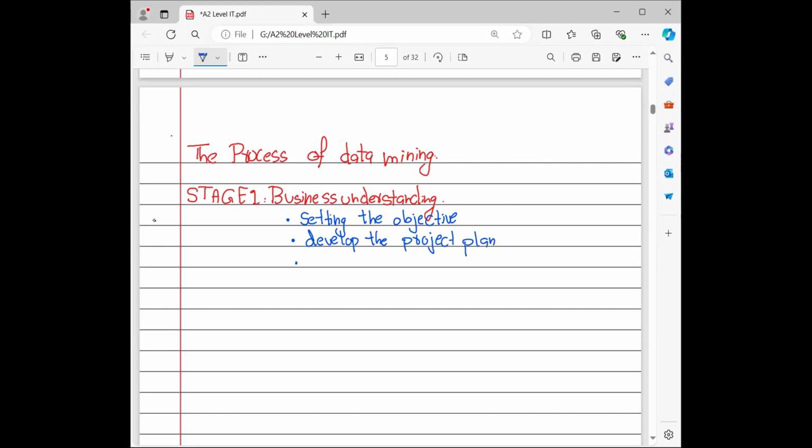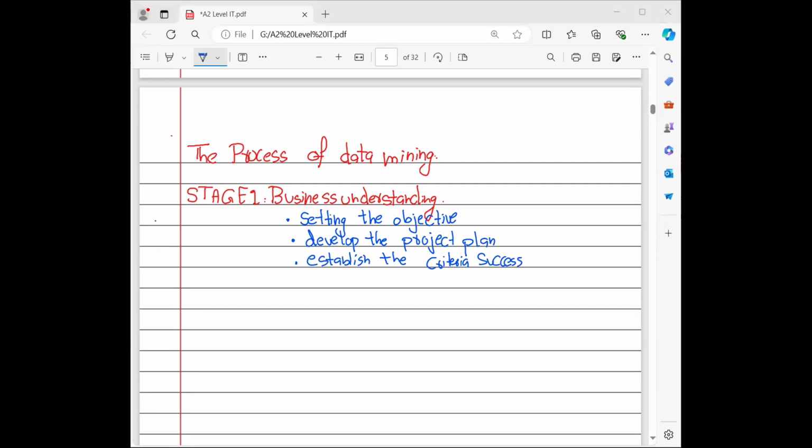And the third thing is that you need to establish the criteria for success, your success criteria, that is going to determine, like you are going to measure if you are successful or not, depending on that criteria.